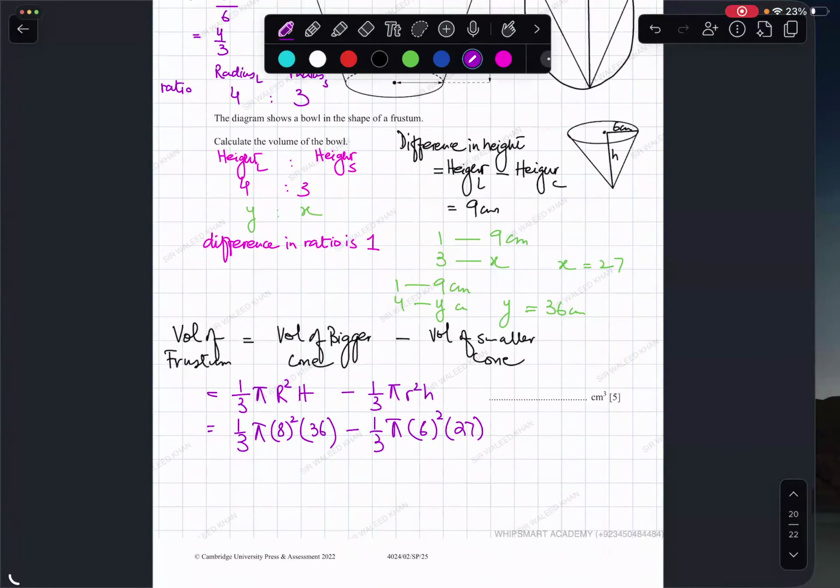So work it out. Let me do it as well. 64 times 36 times pi divided by 3. We have 2412 minus 36 times 27 times pi divided by 3, 1017.876.